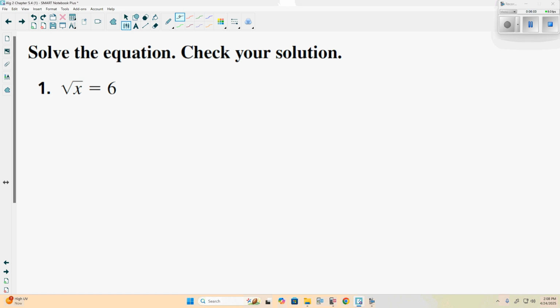Square root of x equals 6. Is there one radical? Is it by itself? So we'll put both sides to the nth power and then solve. Well, we would square. 6 squared is 36. So x is 36.